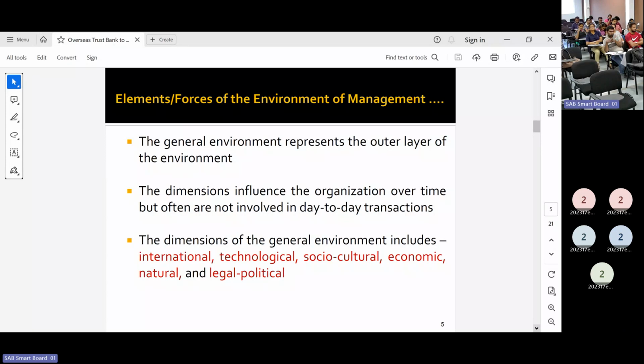Then at the international level, there are international laws, regulations, human rights laws. All should be considered as influences to businesses from the external environment.